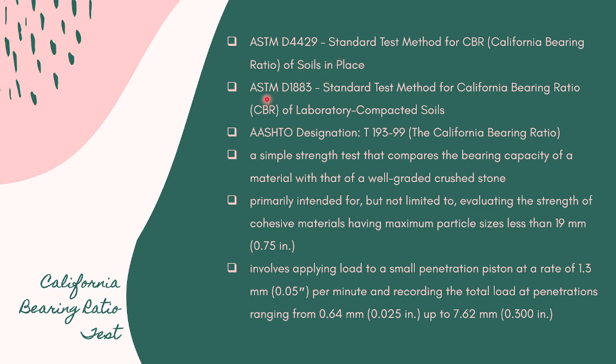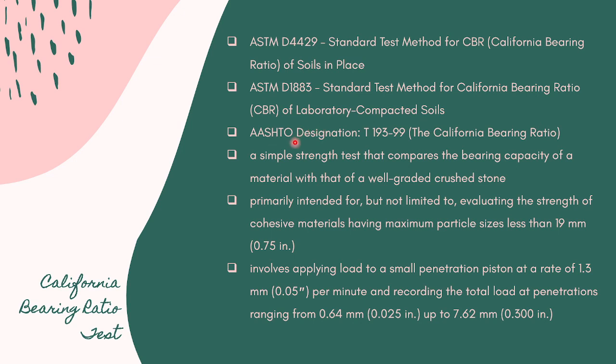However, ASTM D1883 is the standard test method for California bearing ratio of laboratory-compacted soils. So again, D4429 for soils in place, and then D1883 for laboratory-compacted soils.